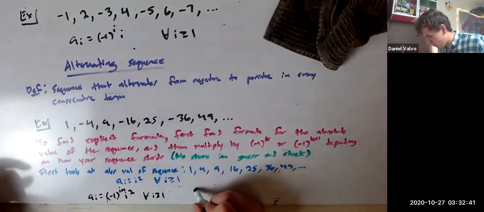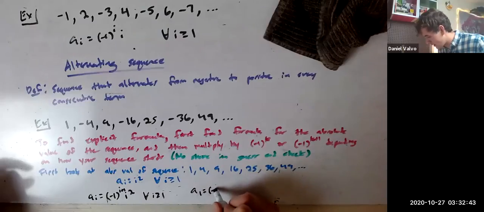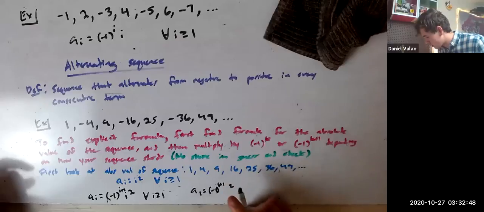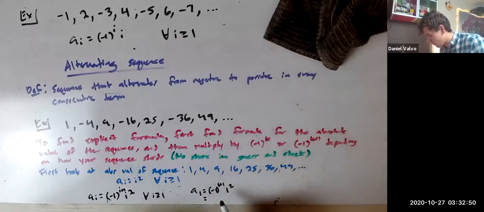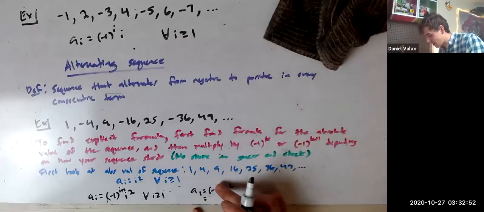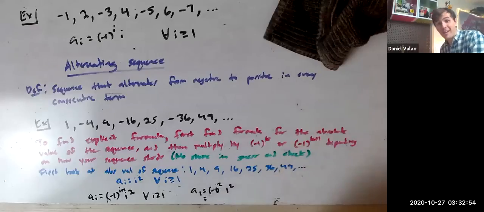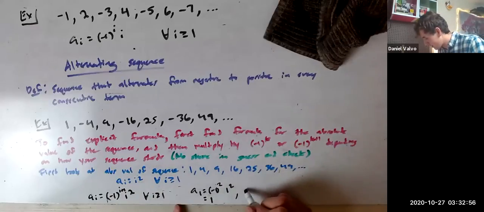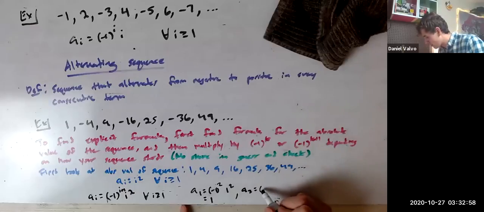So here we get a1 is negative 1 to the 1 plus 1 times 1 squared, which equals negative 1 to the 1 plus 1. That's negative 1 to the 2. Negative 1 squared is 1 times 1 is 1. Then we get a2 is negative 1 to the 2 plus 1 times 2 squared.